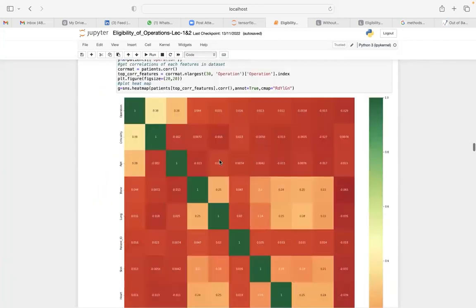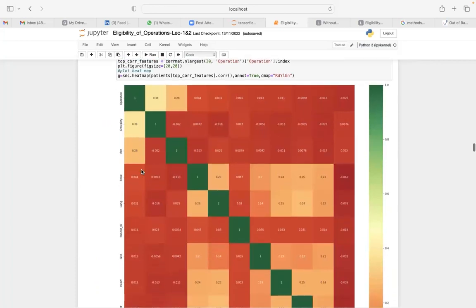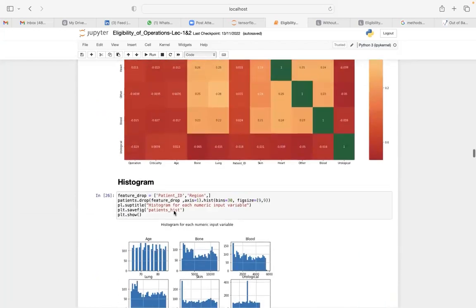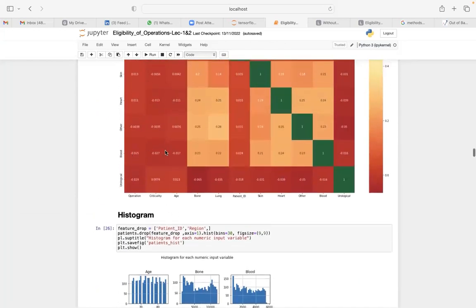If this is high, very good. Suppose blood and urological. If you consider this value, it's minus 0.16.